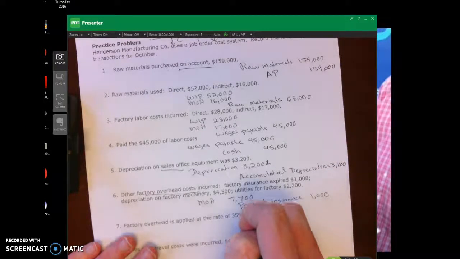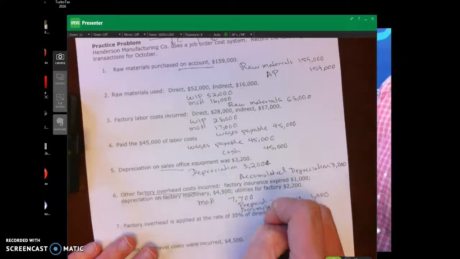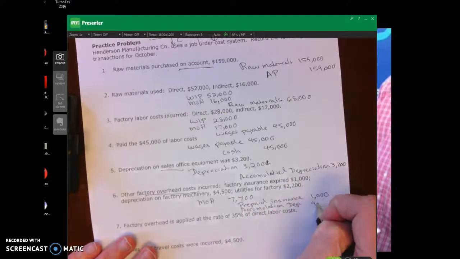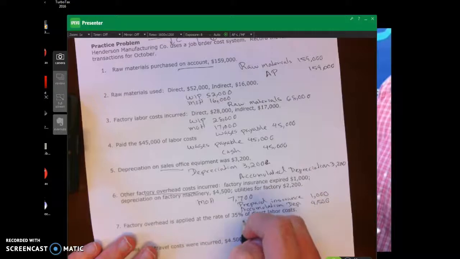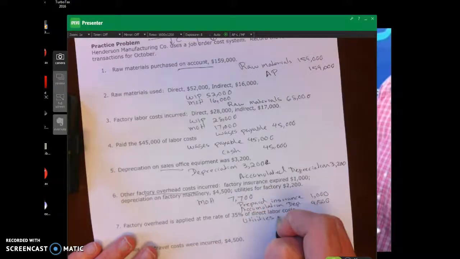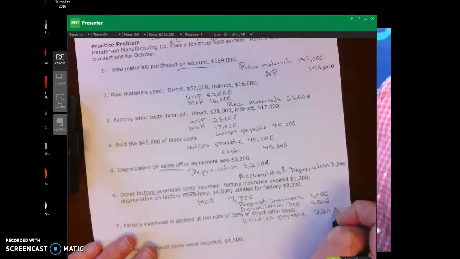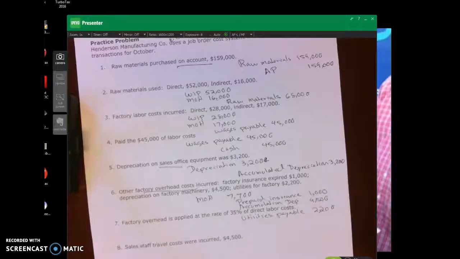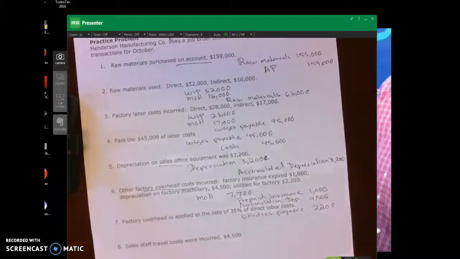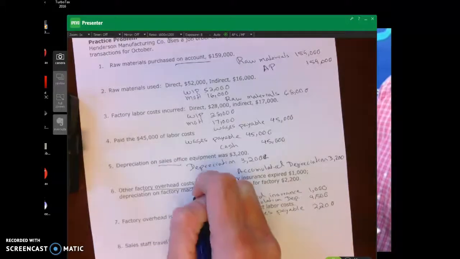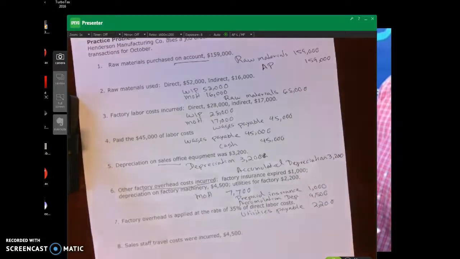I will credit accumulated depreciation, just like I did in number 5, for my $4,500. And then I will credit utilities payable for $2,200. If it said utilities paid, then it would be a credit to cash, but it's not. It says utilities for factory, so it says incurred, but it doesn't say paid.